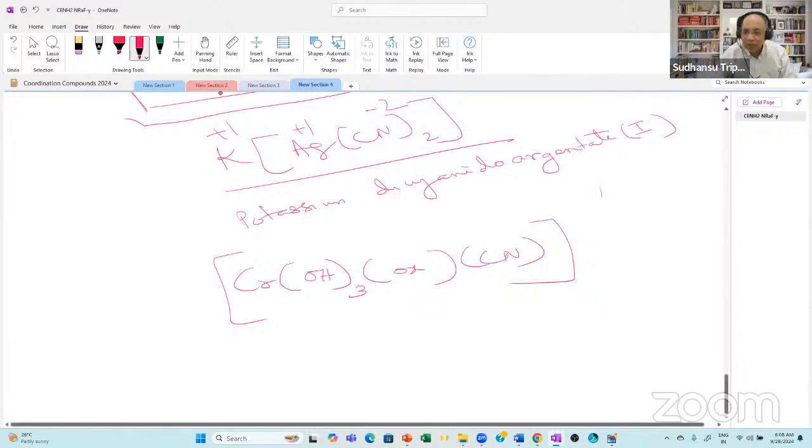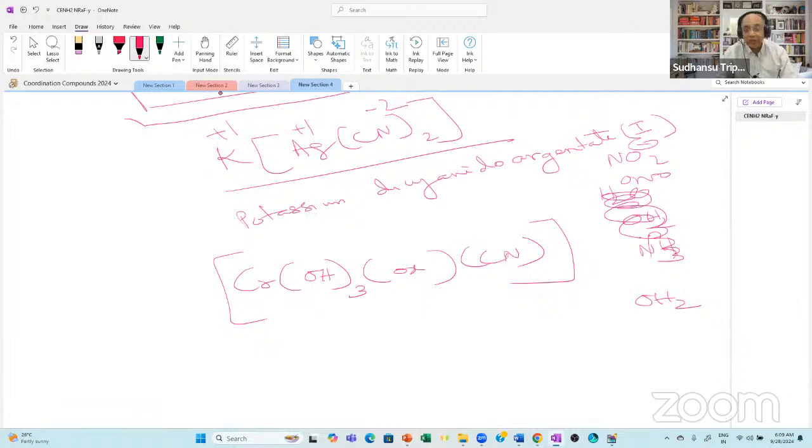For example, water should be written as OH2. Ammonia is okay, nitrogen is the ligating or donor atom, so NH3 is okay. So also nitro is okay, and ONO is okay. Similarly, water should be written as OH2, but we always make this mistake again and again. We write H2O, but the IUPAC says that you bring the donor atom first.